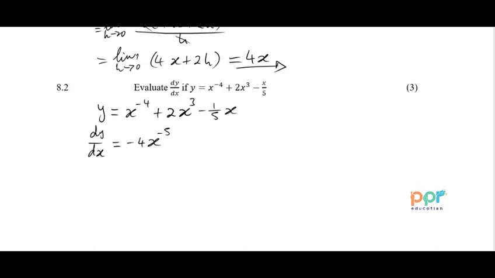So 2 times 3 gives me 6, and then 3 minus 1 gives me 2. And then minus 1 over 5 times 1 gives negative 1 over 5, and then x to the power 1 minus 1 is equal to 0. Then x to the power 0 gives me 1. 1 times this constant value gives me 1 over 5.